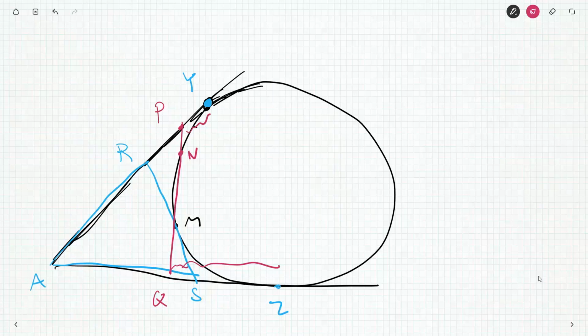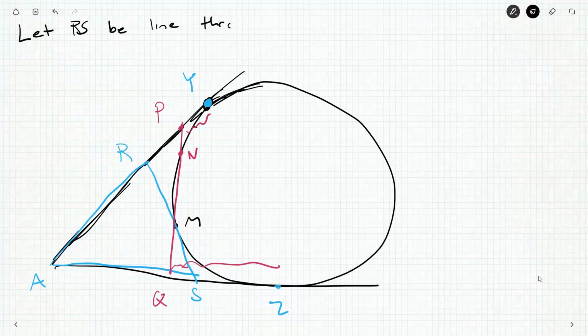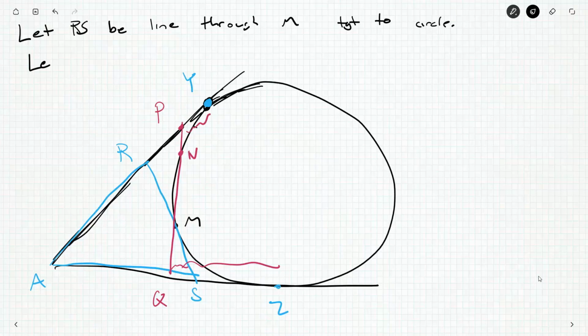So I want to show, let's continue writing this up as I think. Let RS be the line through M tangent to the circle. And we're saying let PQ be another line. What do we want?